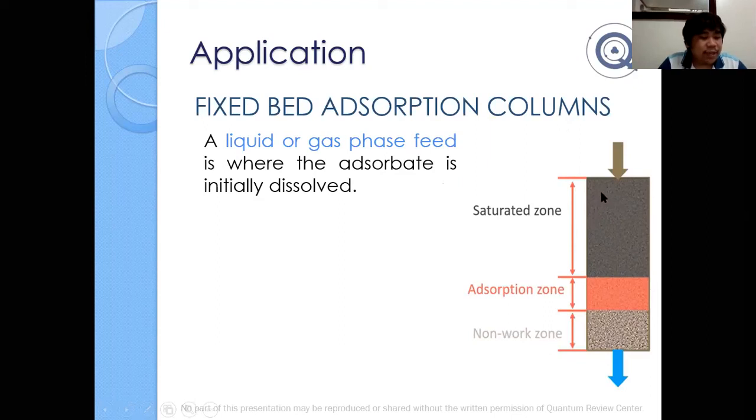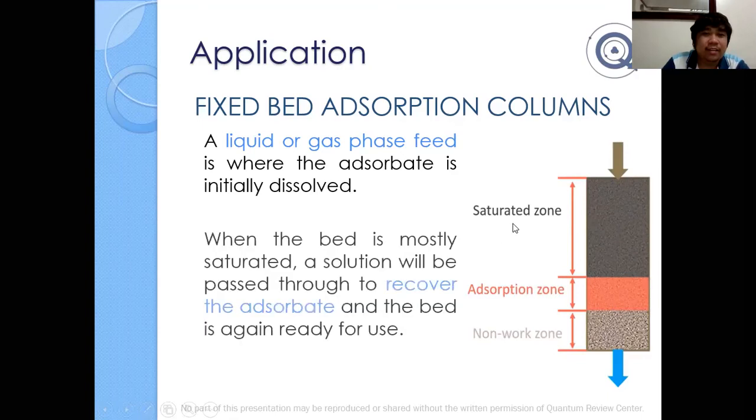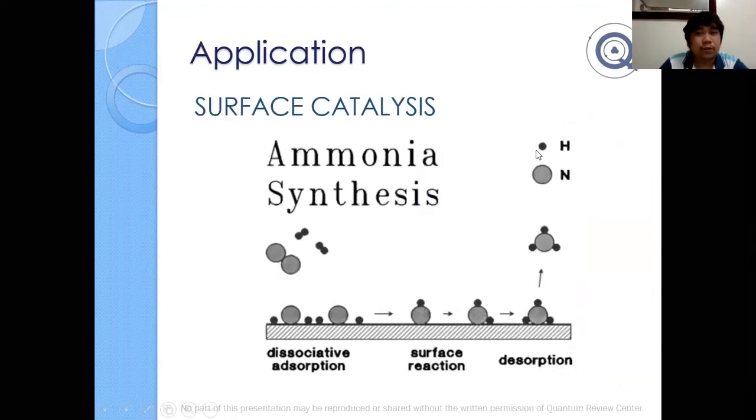As the name implies, fixed bed, the adsorbent is fixed inside the column. The adsorbent is inside the column, and you let the carrier pass through it. It can be either liquid or gas. So, you let the liquid or gas pass through the adsorption column, so that the adsorbate adheres. When the bed is saturated, what you do is pass a solution through to clean the adsorbent so it can be used again. Okay? So, that's how fixed bed adsorption columns work.